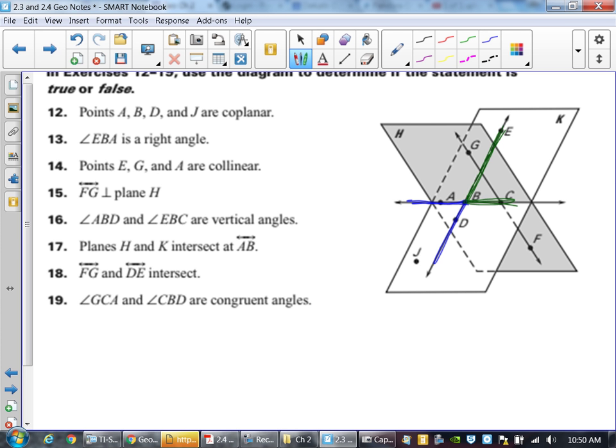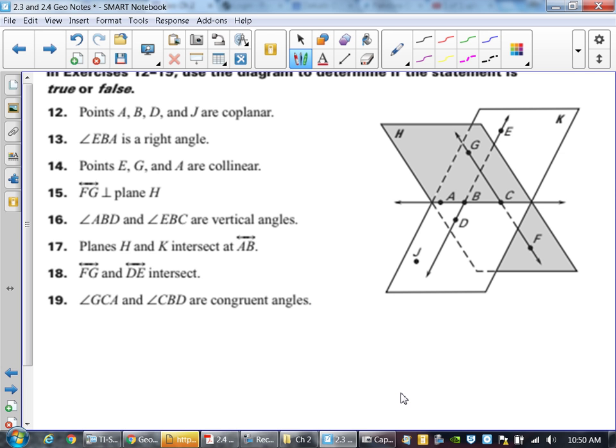Okay. Do lines FG and DE intersect one another? FG and DE. It's false, guys. Relook at it. They're on different planes. Guys, they're on different planes. Isaiah, can I have my awesome picture again?